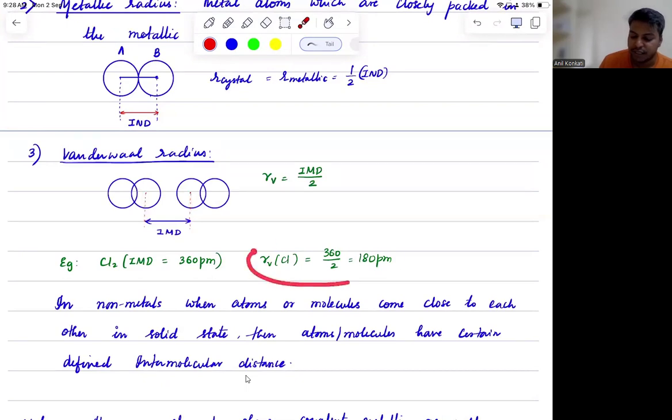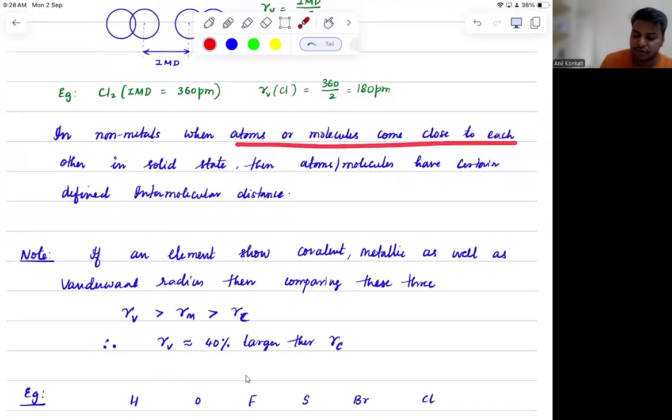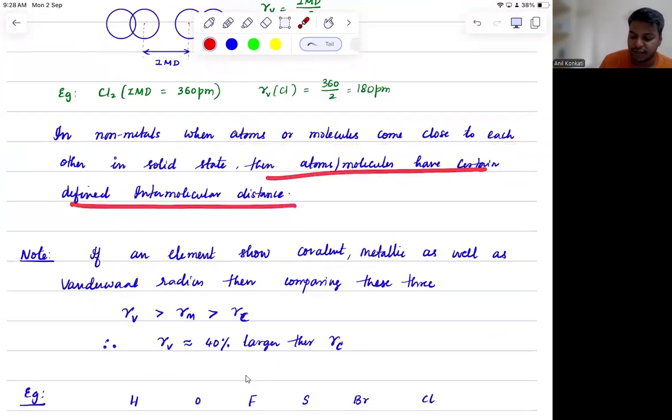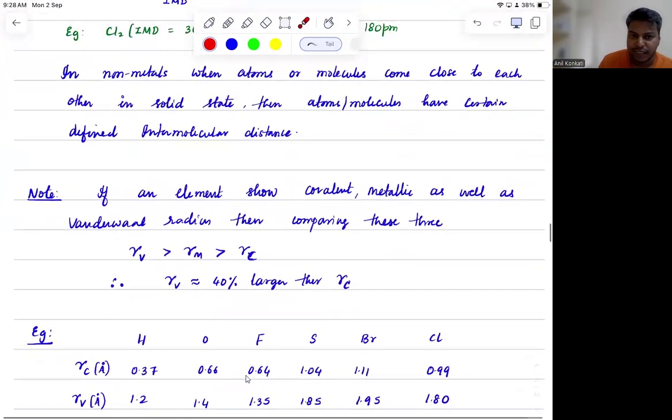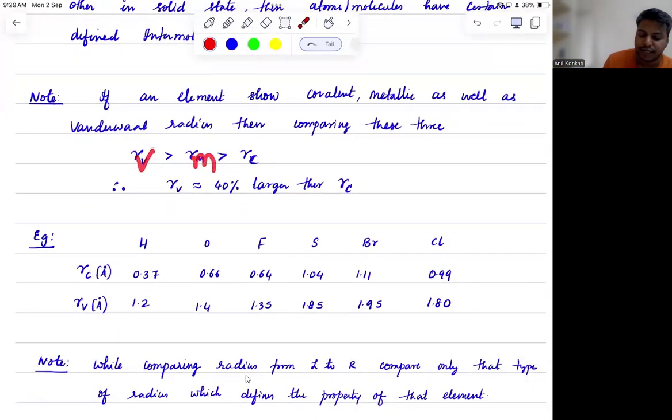In non-metals, when atoms or molecules come close to each other, they have a certain defined intermolecular distance. Based on this observation, we find that van der Waals radius is greater than metallic radius, which is greater than covalent radius. In fact, van der Waals radius is almost 40% larger than the covalent radius of the element.